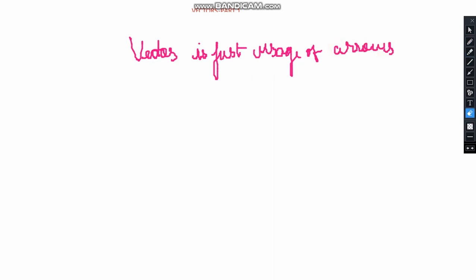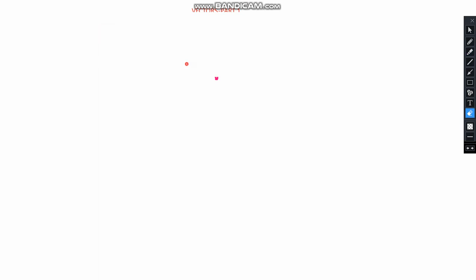Suppose we have a vector like this. Vectors, as I already told you, are just arrows. Here the starting point is A, the ending point is B. So this vector is the vector AB. From initial to final, we write with letters and use an arrow.